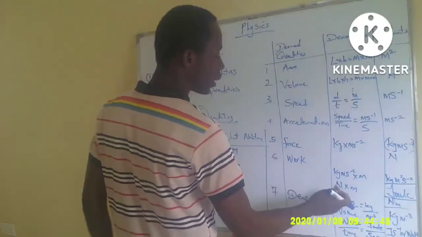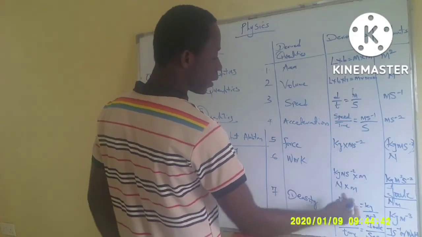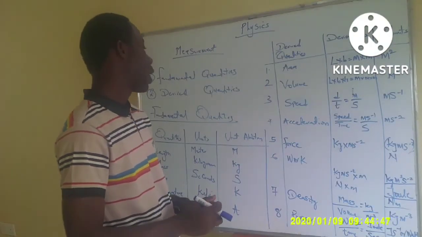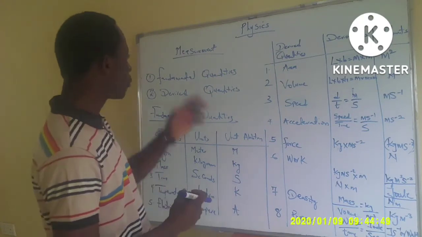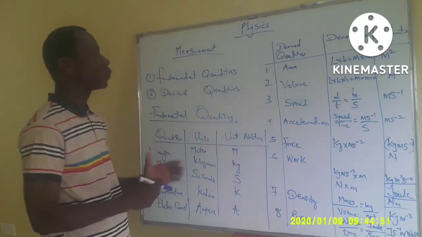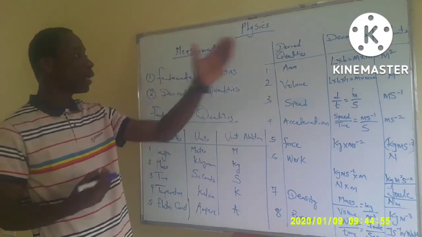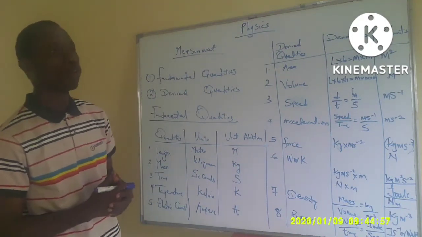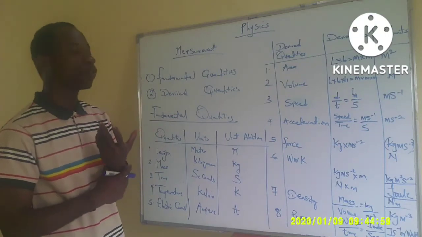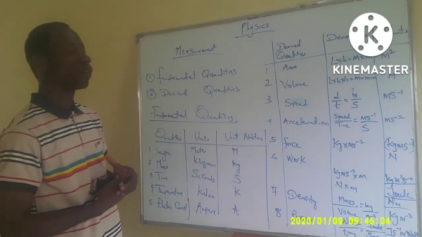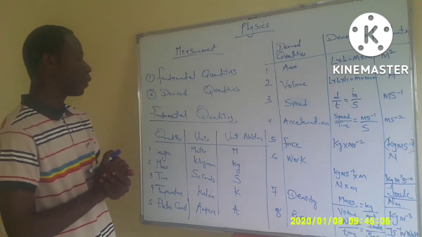That's as much as we can treat as far as introduction to physics is concerned, because these quantities will help us derive the units. We are going to use these units to solve a lot of questions. When you understand this, you'll be able to use the formulas to solve different questions.